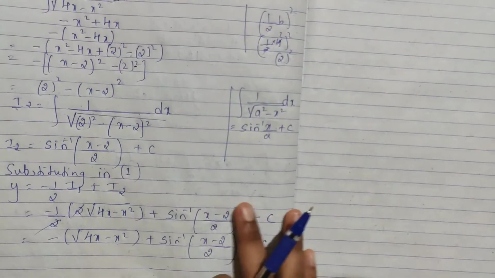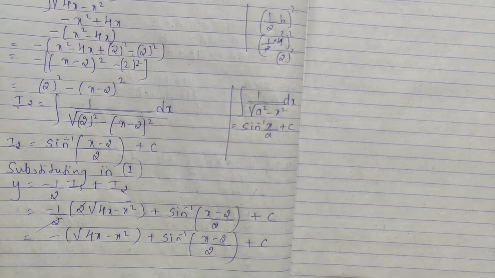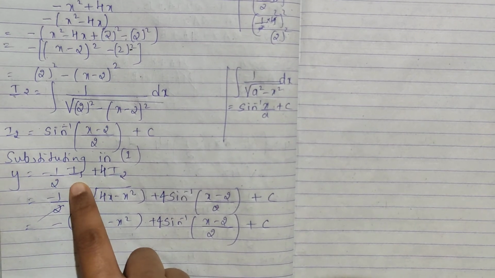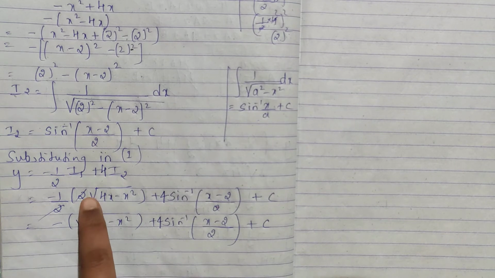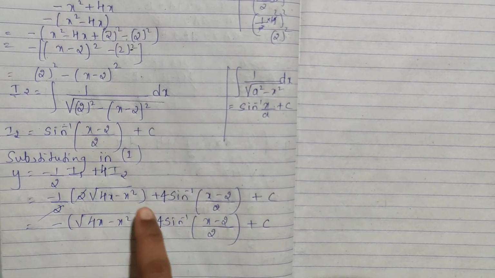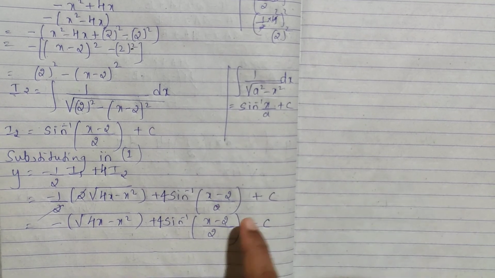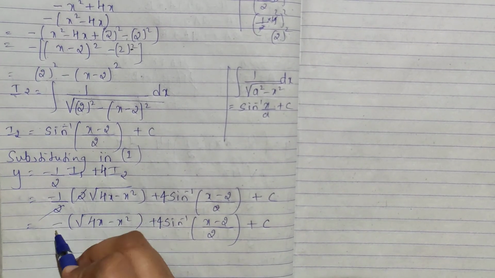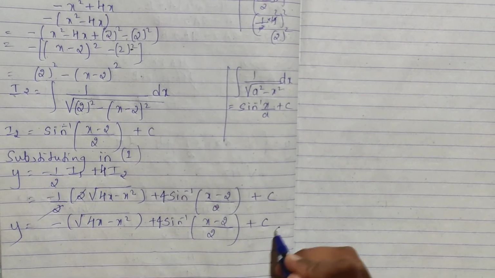So substitute, you will get minus 1 by 2 I1 plus 4 I2. 1 by 2 as it is, your I1 is what? 2 root of 4x minus x square, plus 4 as it is, your I2 is sin inverse of x minus 2 divided by 2 plus constant. So 2 gets cancelled, you will be having minus root of 4x minus x square, and this as it is. So this is your final answer.